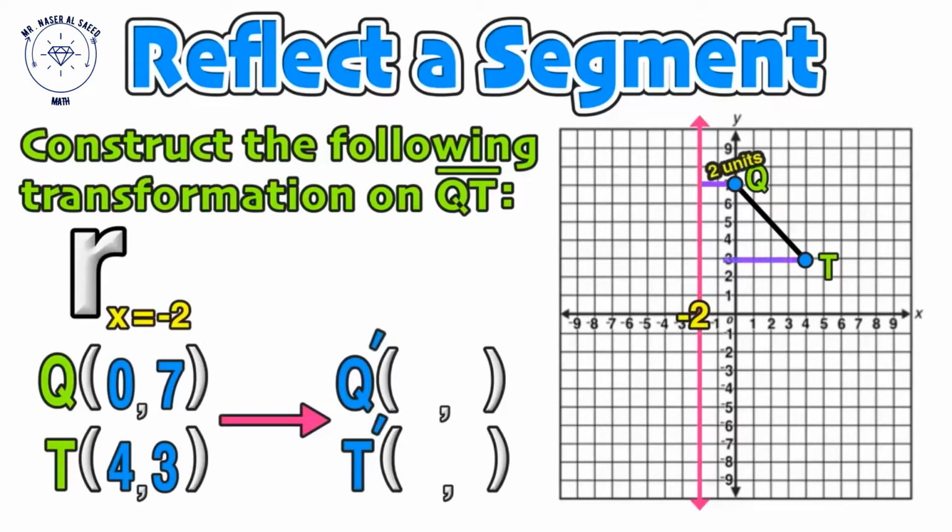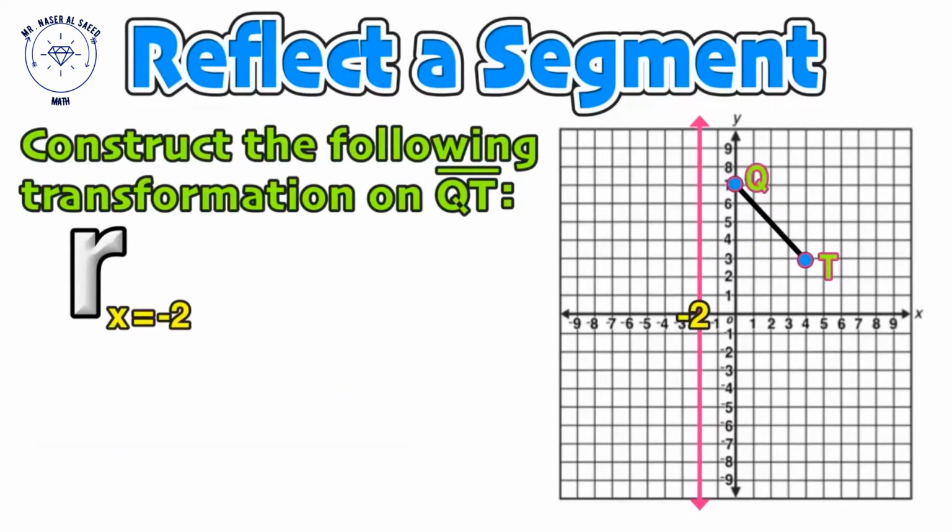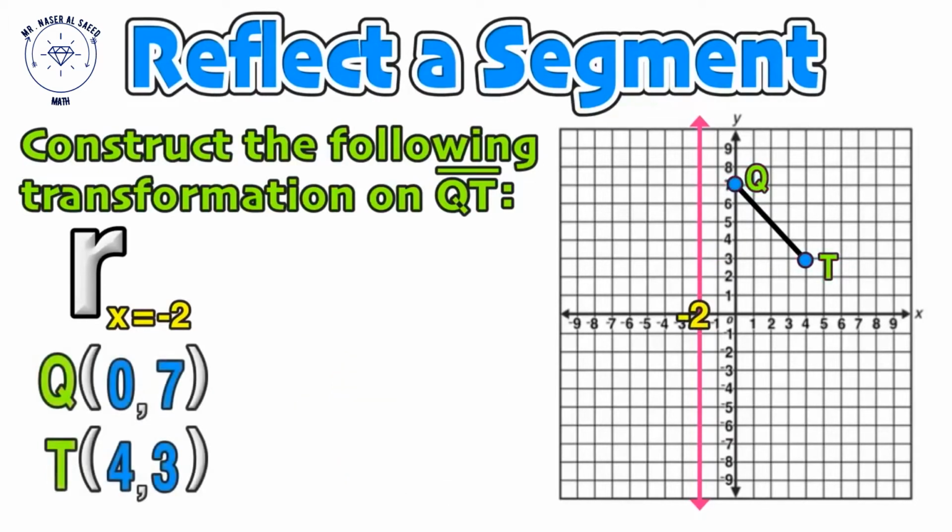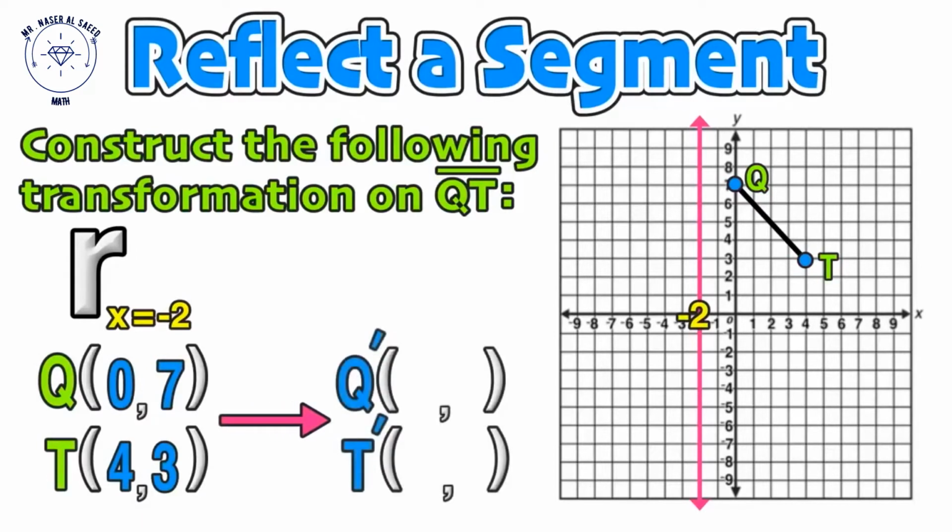Let's start by writing down the coordinates of the endpoints Q and T. To find the coordinates of the images Q prime and T prime, we will use the same strategy as the last example by counting how many units the point is from the line of symmetry.